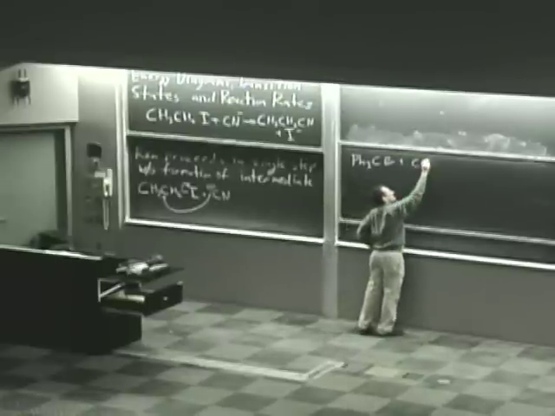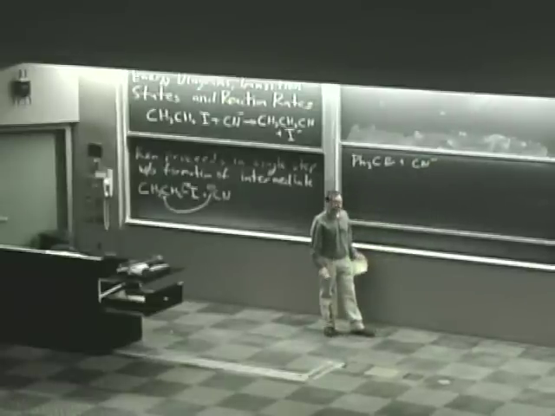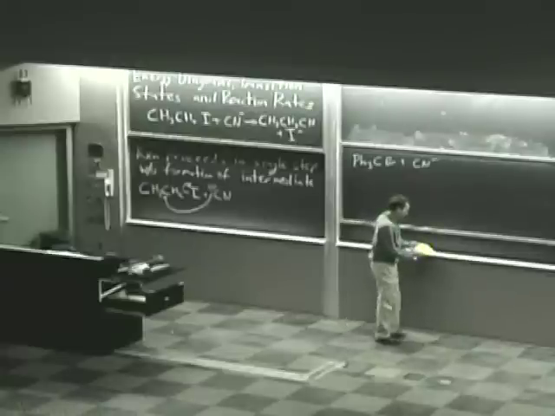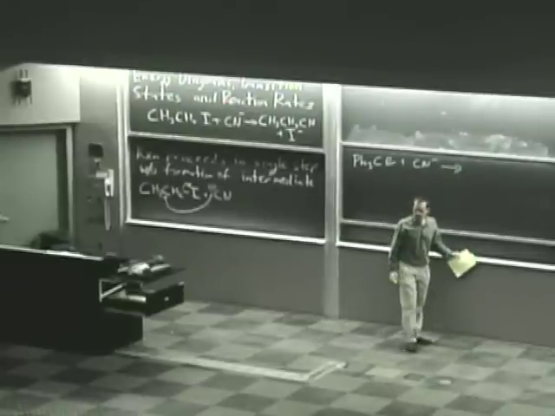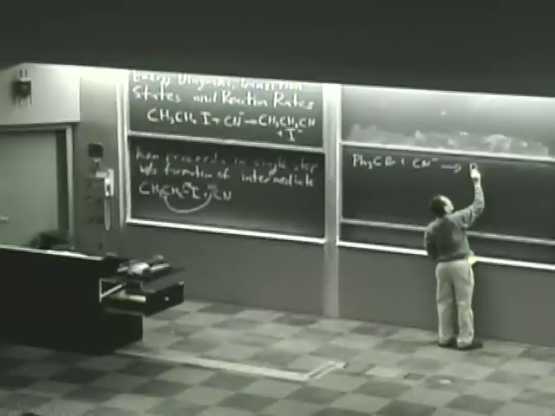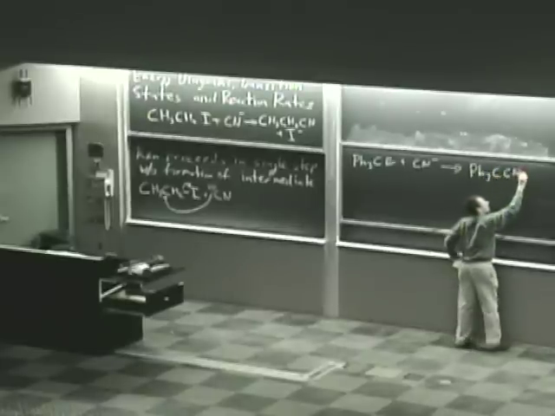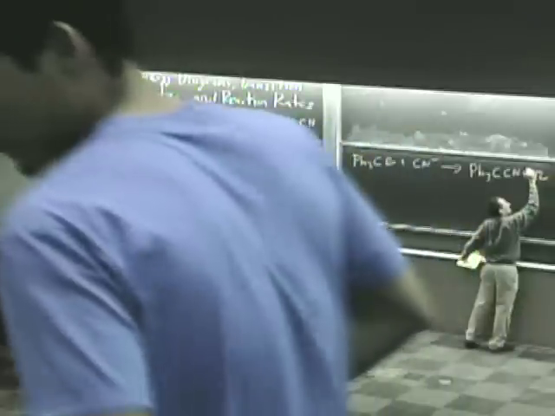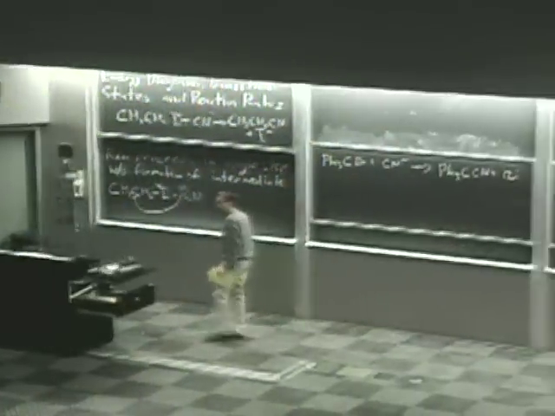And I'll still take cyanide anion. And in this case, we see a very similar reaction. The cyanide kicks out the bromine. It's a substitution reaction. We substitute cyanide for bromine. We get bromide anion as a product of this reaction.